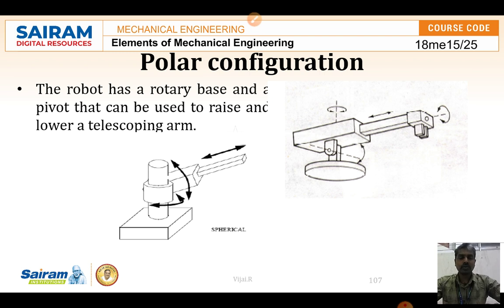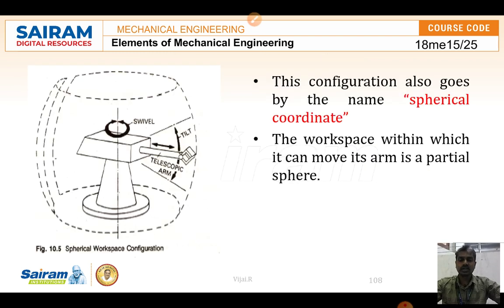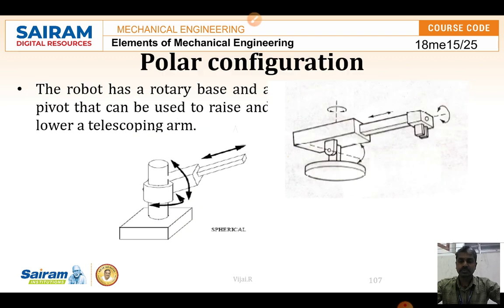It is also called a spherical robot, because when it moves up and down and swivels, it creates a space of spherical nature.